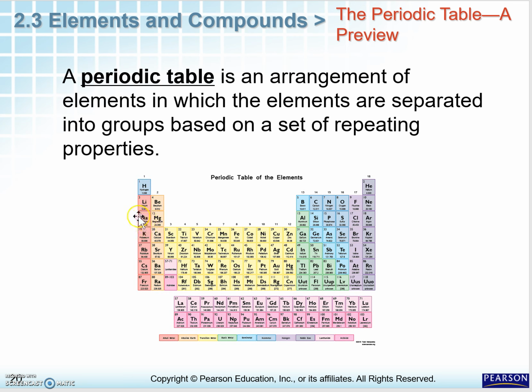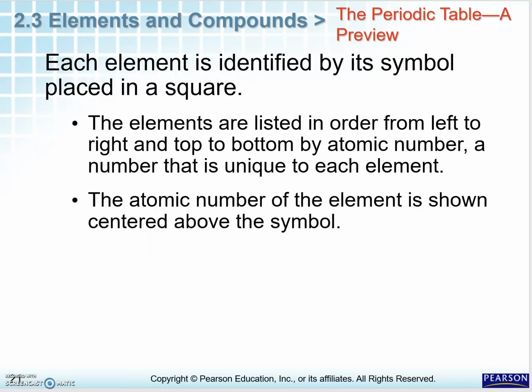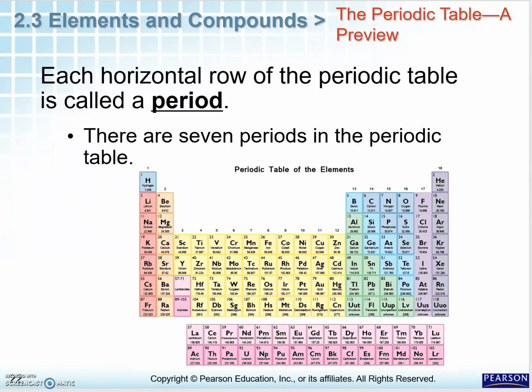So in this one, the number 11 is above Na, or sodium, and that is its atomic number. The atomic number also tells you how many protons, which are positive, and how many neutrons, which are neutral, there are within the atom. And we'll get more into that later.